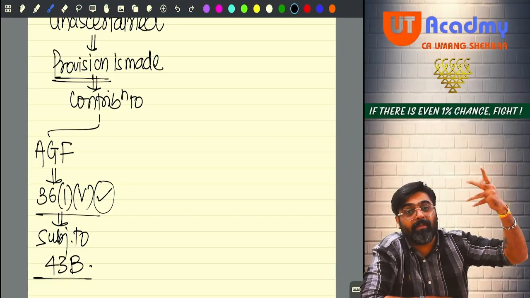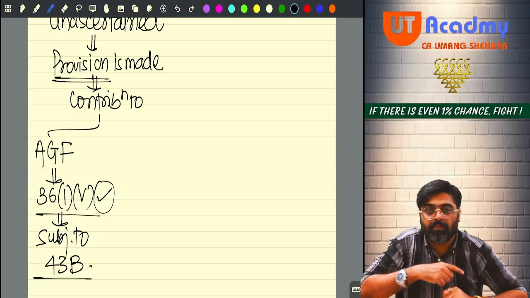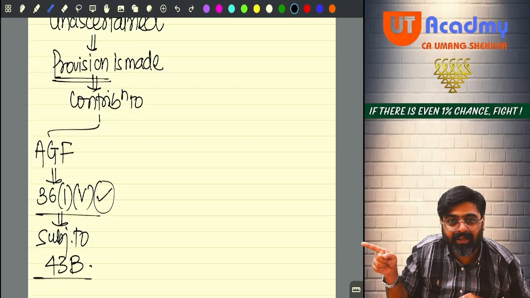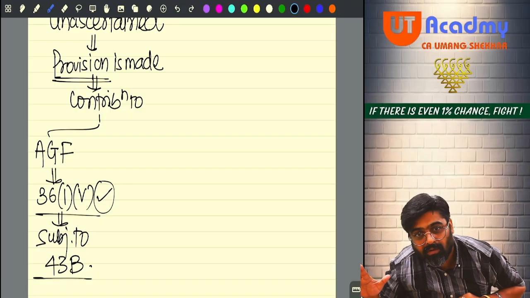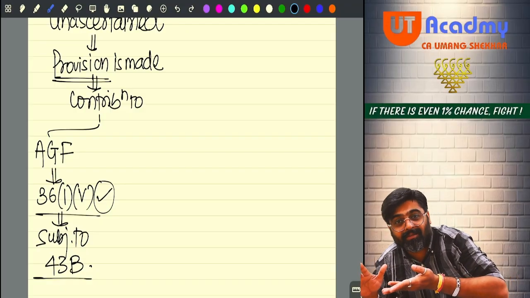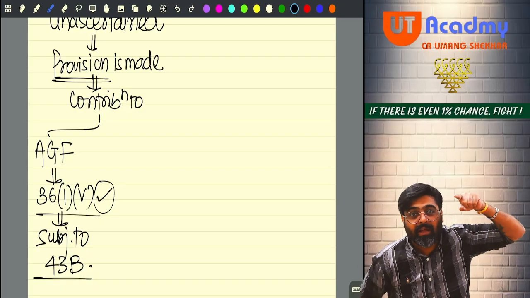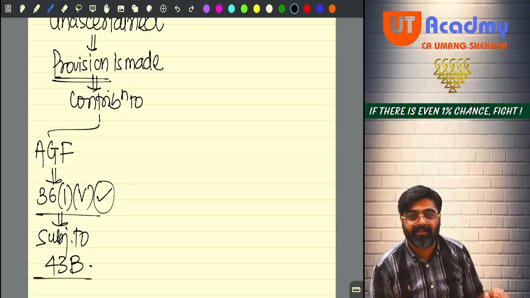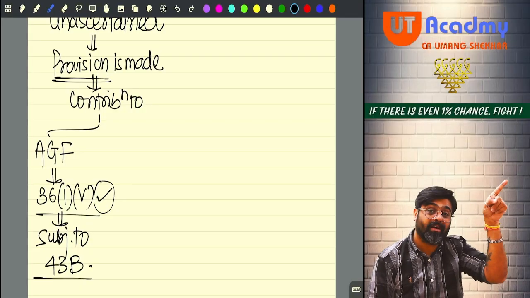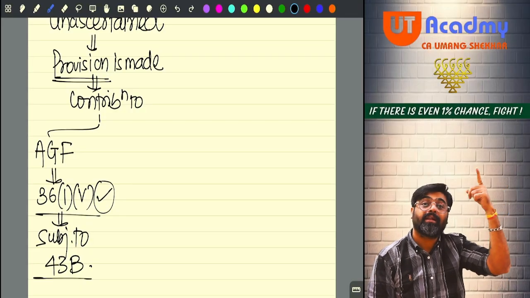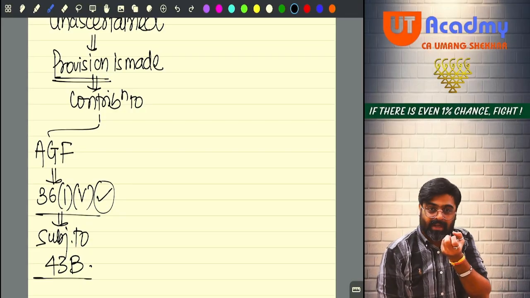From where will I pay that 4 lakhs? I'm keeping aside this money here, 5 lakh rupees, which is already allowed as a deduction in this year's income. From that amount only, I'm going to pay that gratuity. Whenever that gratuity will be ascertained in future, it will be paid out of the approved gratuity fund.